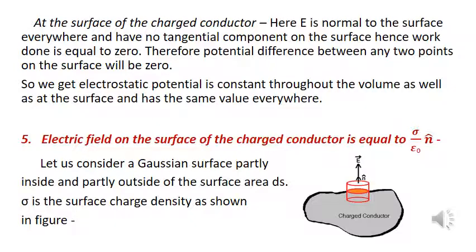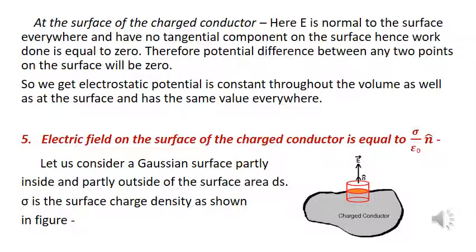At the surface of the charged conductor, as we have seen in previous points, E is normal to the surface always and the tangential component is 0. Therefore, work done will also be equal to 0.